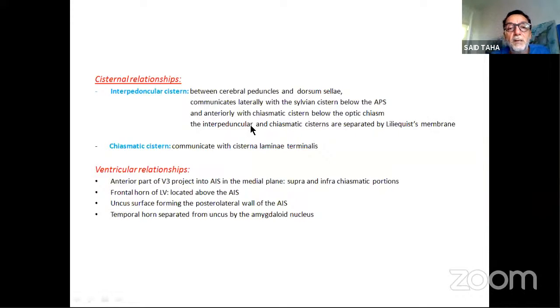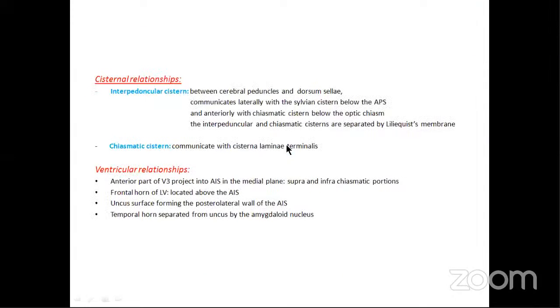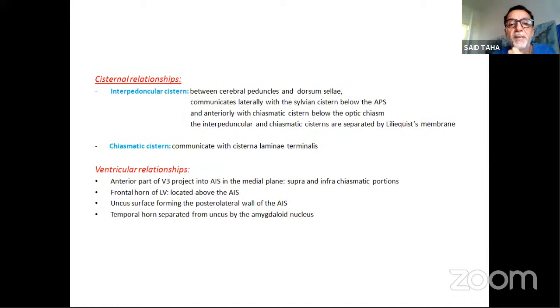And the interpeduncular and chiasmatic systems are separated by the Liliequist membrane, the membrane of Liliequist, that extends from the dorsum sellae to the region of the mammillary body. The chiasmatic system communicates with the system of the lamina terminalis.